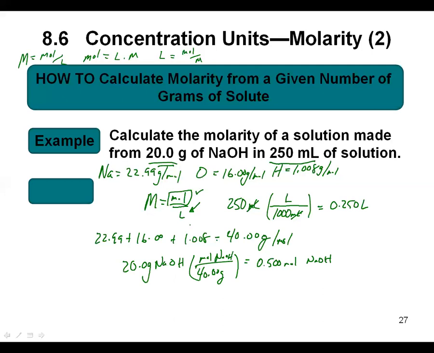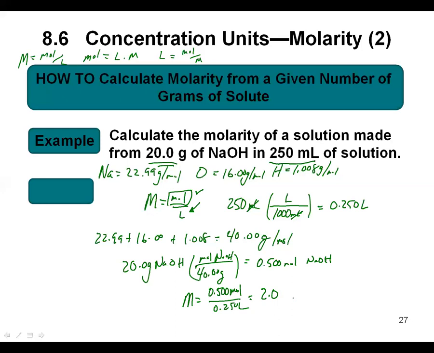Now that we have everything we need for the molarity, we're just going to divide those two. We take 0.5 moles on top, 0.25 liters on the bottom, and we end up with 2.